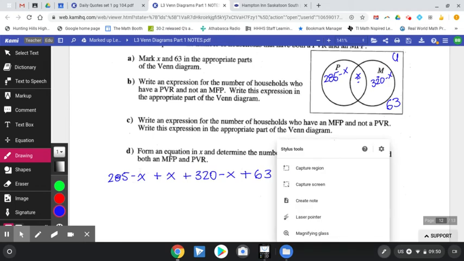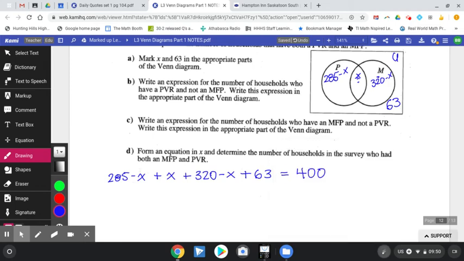So again, what I've got there, I've got each section. There's one section plus the middle section plus the right-hand section plus the outside section, all to make a total of 400. So in our work, this negative X and the positive X, those add up to 0.